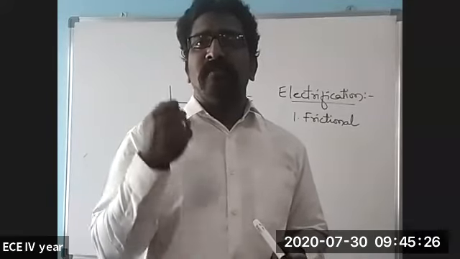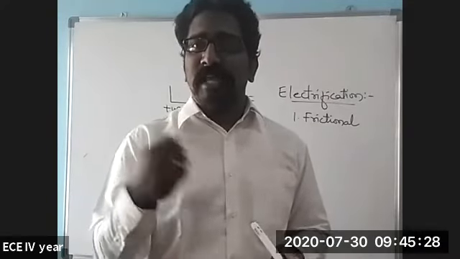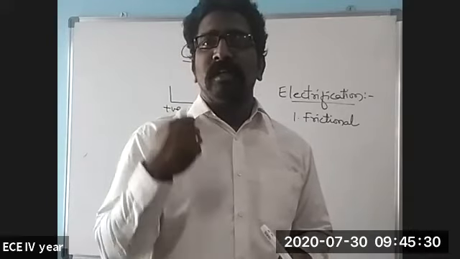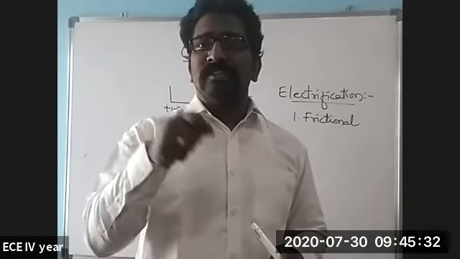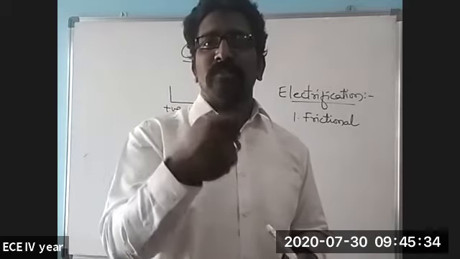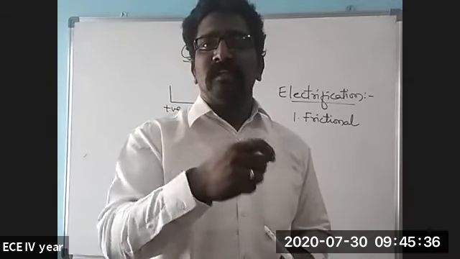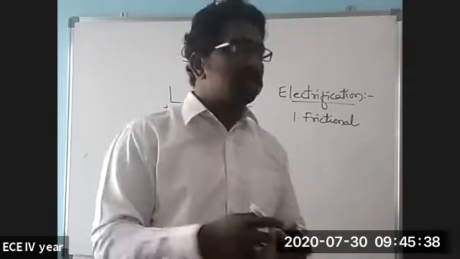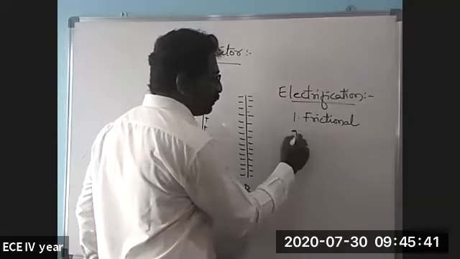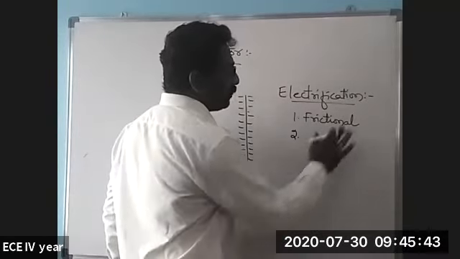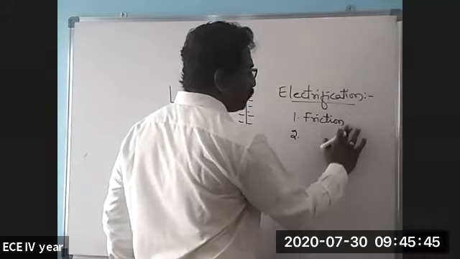If you tap the back of a chair with a cloth, that chair converts into a charged body, and if you touch the chair, the charge passes to our body. So that's how friction is an electrification method.